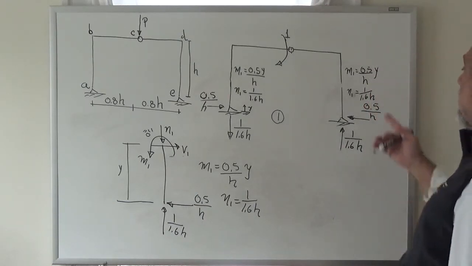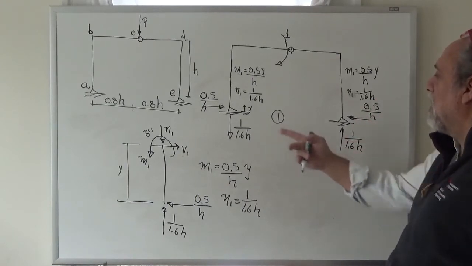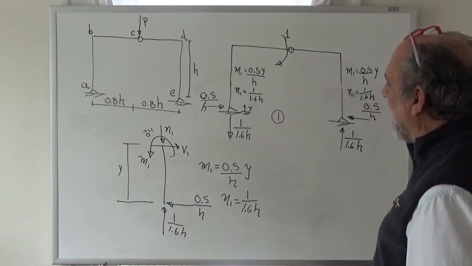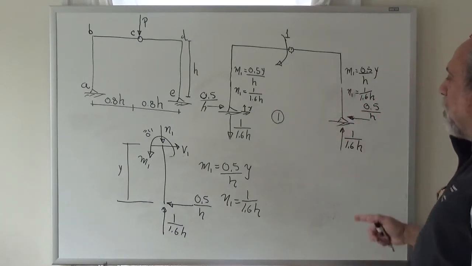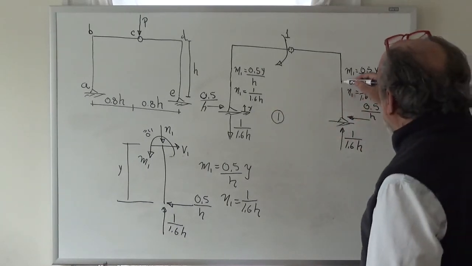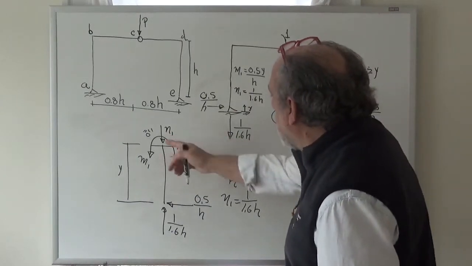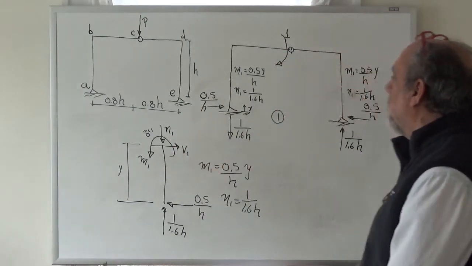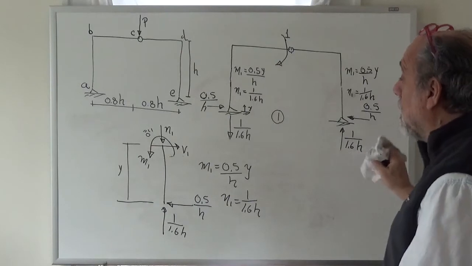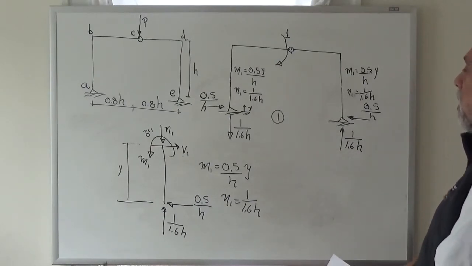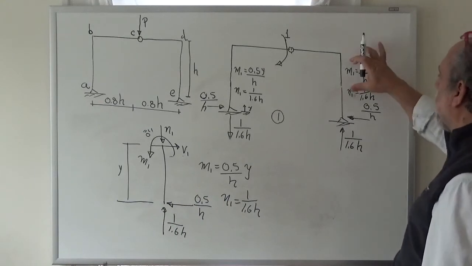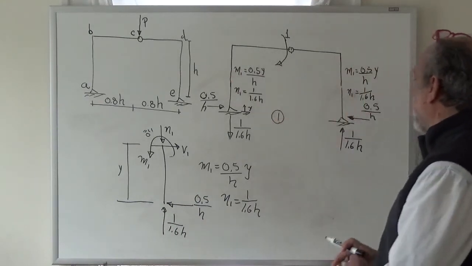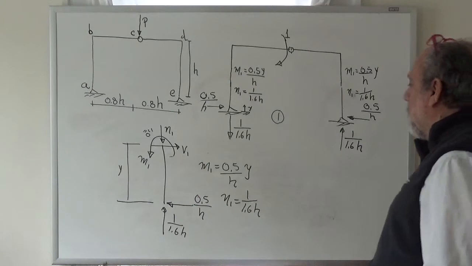Even though that axial force here happens to be compression and that axial force there happens to be tension, they both appear plus y because on this sketch I decided to call that positive, and on the other sketch I took the opposite direction. Now I'm committed to those two, but that's fine, right? So if you like, this is compression plus, this is tension plus. Okay, so we can erase.